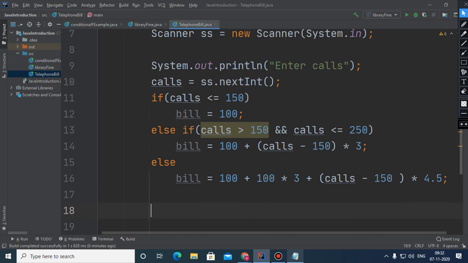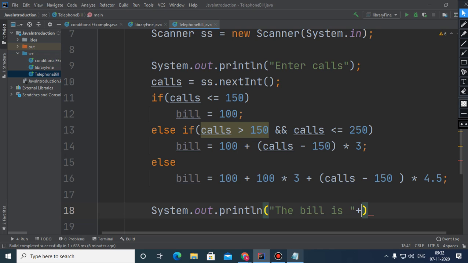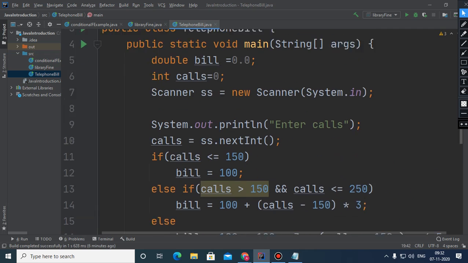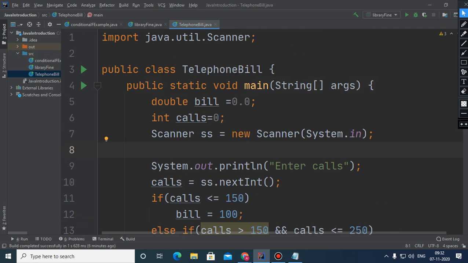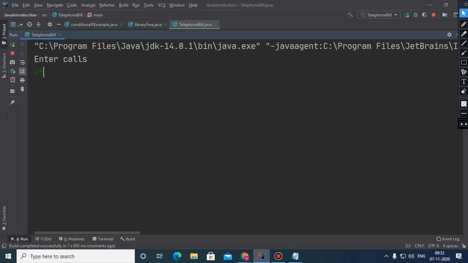And here the bill is rupees bill, and here kindly pay. So children, this is how your approach should be. So now suppose it is for 450, you have consumed 450 calls. So the billing amount is 1750. Kindly pay.